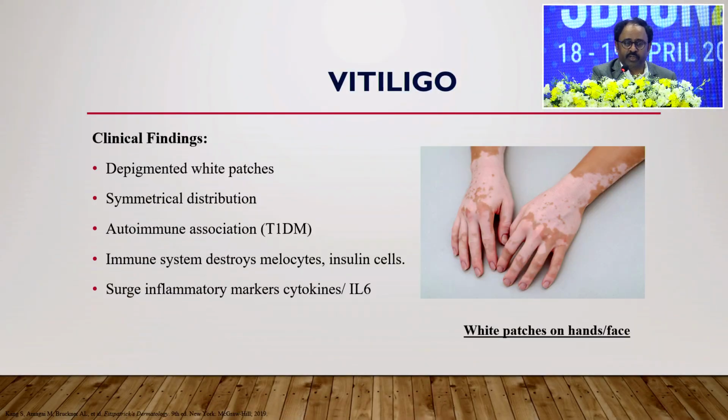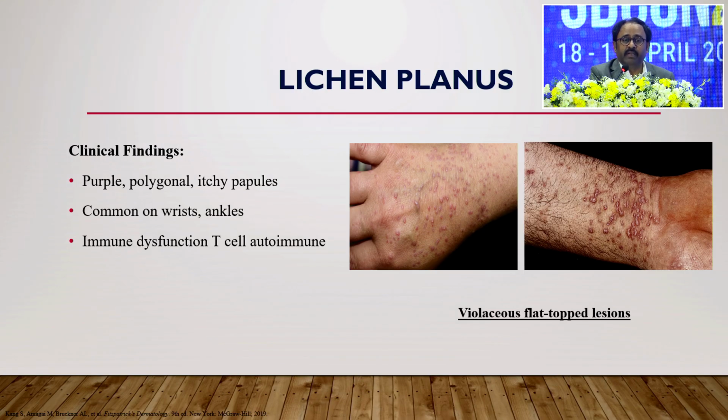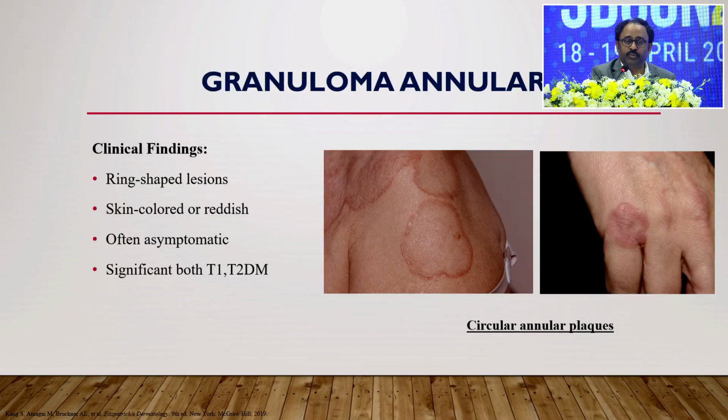We have to empower the patient. Vitiligo, autoimmune, is more common in type 1 diabetic patients. The immune system destroys the melanocytes and insulin cells, and thereby surges the inflammatory marker cytokines. This also contributes to vascular inflammation and early onset of the cardiovascular burden. Lichen planus is one of the aggressive manifestations in the skin of diabetes patients, and it acts as an immune dysfunction and T-cell autoimmune.